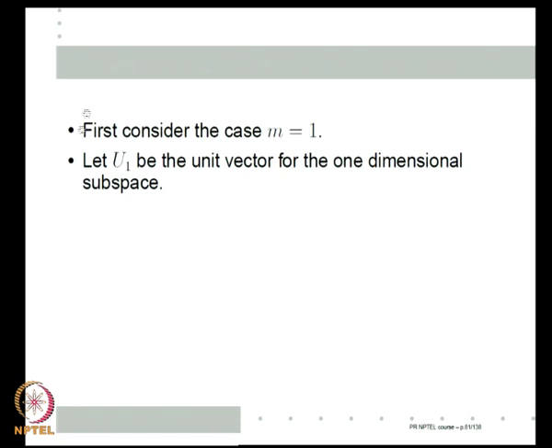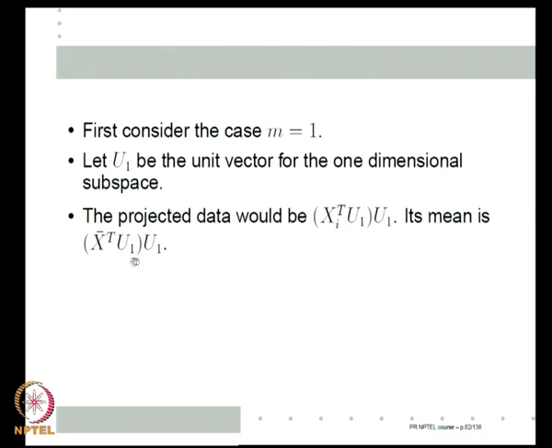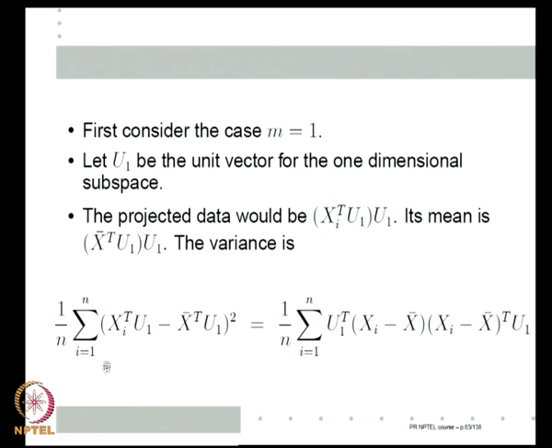To get our hooks on, let us consider a one dimensional case. Let us say u1 is the unit vector for the one dimensional subspace that we want to find. The projected data will be xi transpose u1 along u1, so its mean will be x bar transpose u1. What will be its variance?